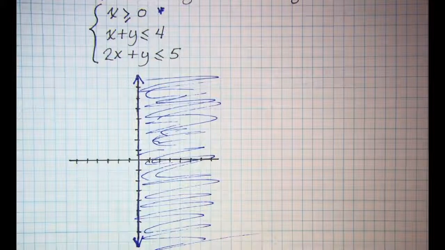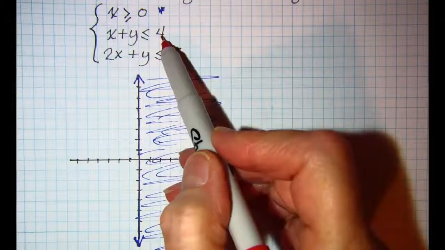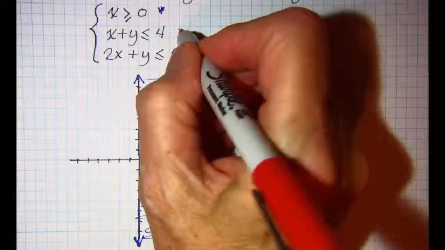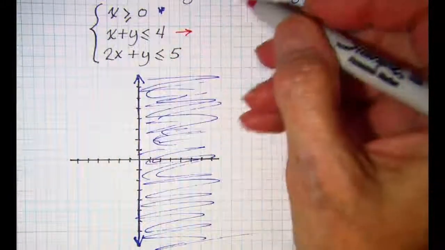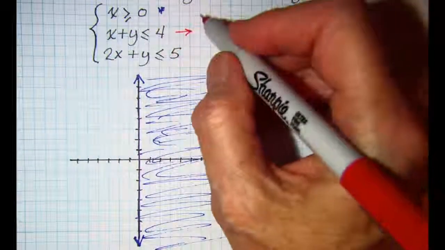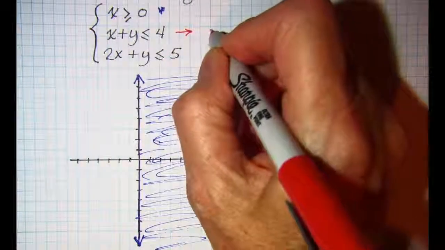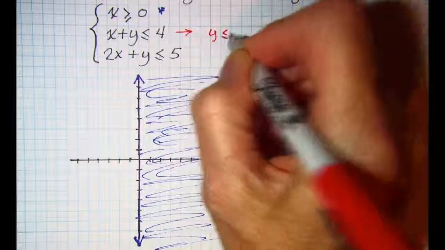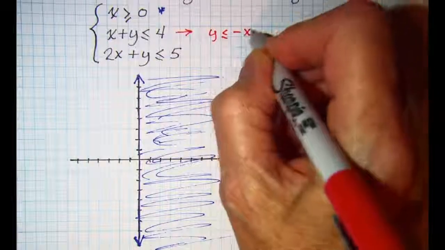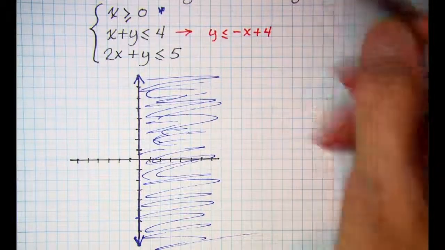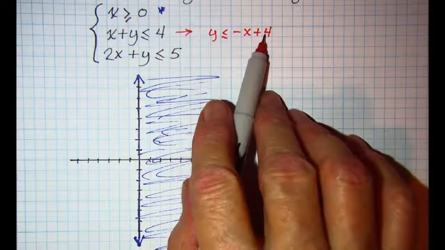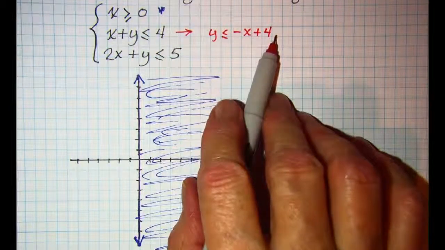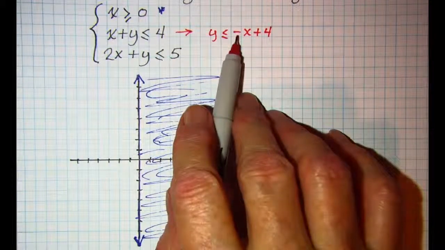My next inequality, x plus y is less than or equal to 4. Let me change this to y equals mx plus b. So I have y is less than or equal to negative x plus 4. So my boundary line has a y-intercept of 4 and a slope of negative 1.